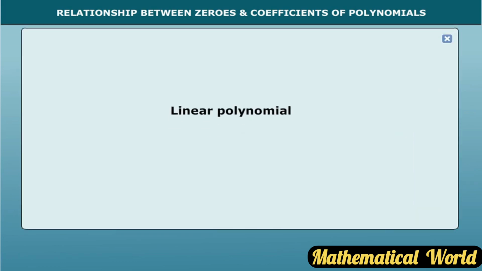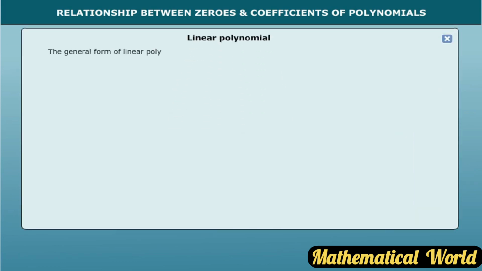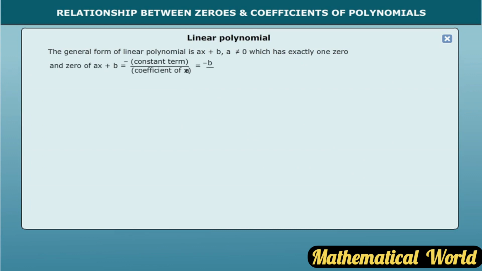Linear polynomial. The general form of a linear polynomial is ax plus b, which has exactly one zero, and the zero of ax plus b is given by minus constant term upon coefficient of x, that is minus b upon a. Now we will understand this with the help of an example.